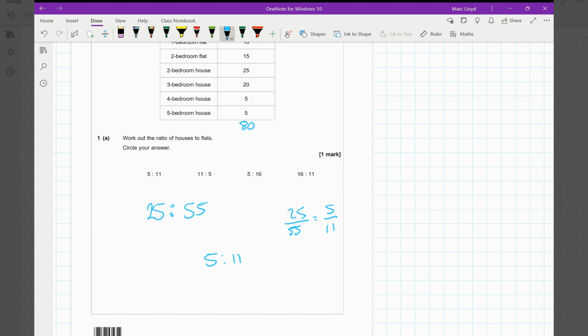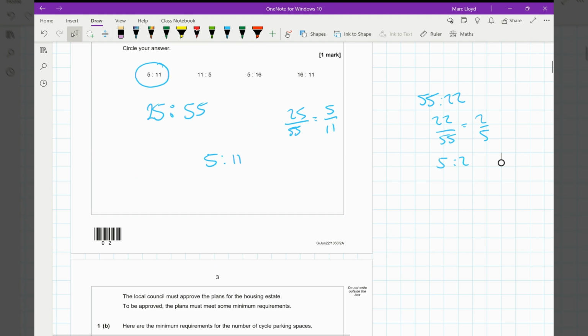So if I had 55 to 22, for example, I'd have to still do 22 over 55, which would give me 2 over 5. And then you'd have to replace it again with that biggest number first. Well, I've done it with the smallest number first. So from my simplified fraction, the smallest number, again, will go first. And we get 5 over 11. Right, that's 1A. That's 1 mark. I've yabbered on for 1 mark.